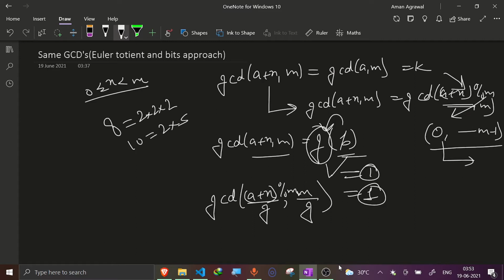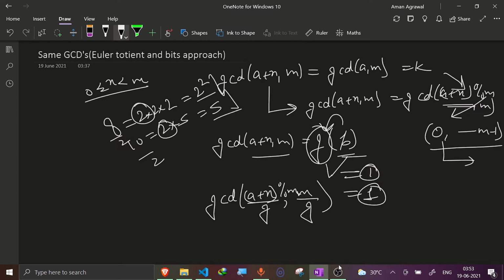There is no word such as maximum GCD; I'm just saying that to interpret that I'm taking all the common factors. After I divide this by 2 and this by 2, the factor left here would be only 5 and here it would be 2 raised to the power 2. So now there is no other common factor which can be divided, so this condition has to be equal to 1.